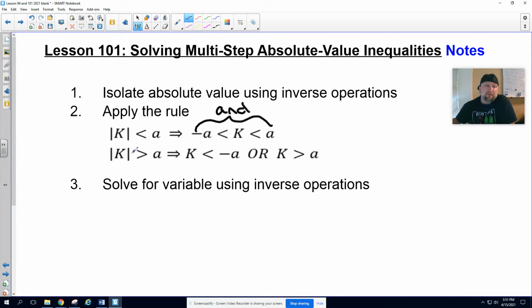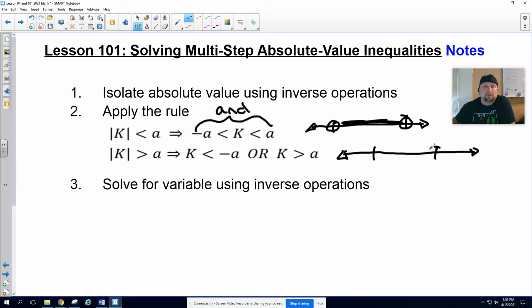Then we have the absolute value of k is greater than a. So that tells us that k is either less than negative a or k is greater than a. So remember, the and statement is going to be between, and the or statement is going to be away.